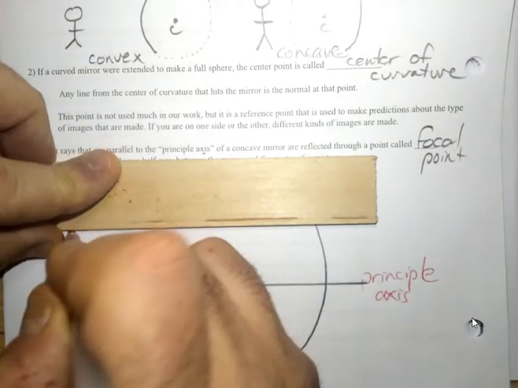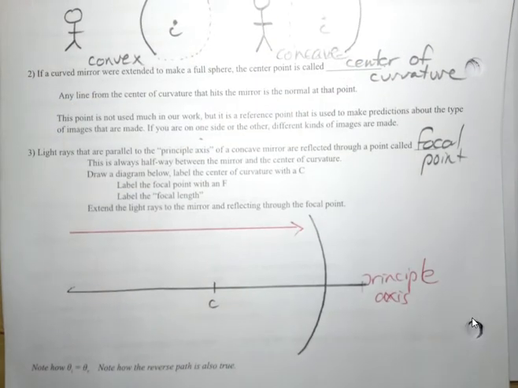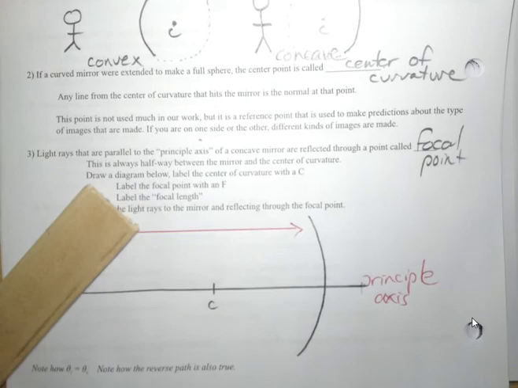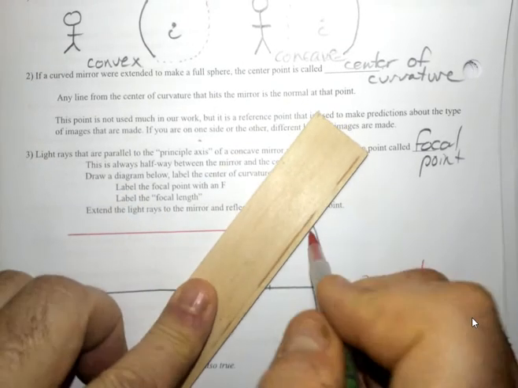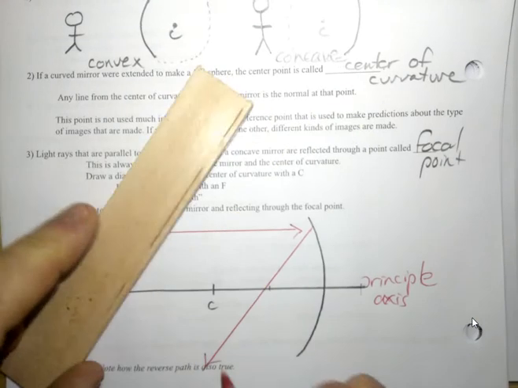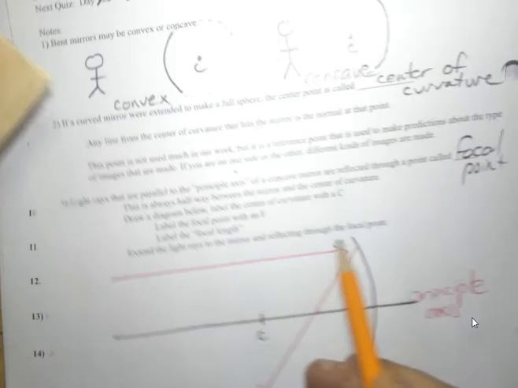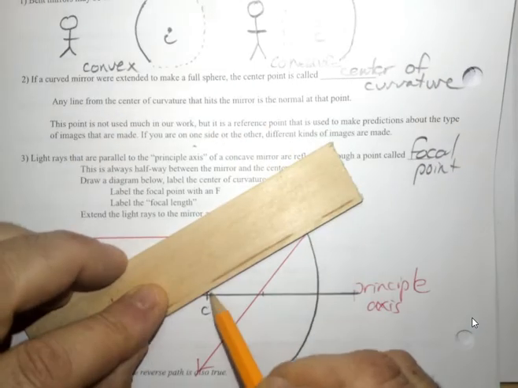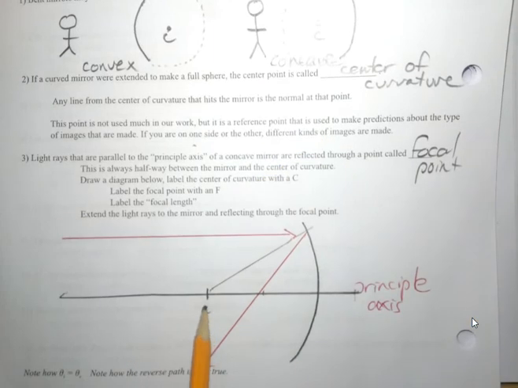Here we have one ray that is parallel to the axis. It's going to hit the mirror. It's going to get focused downwards. It's going to be bent down like that. Now, the way that it's bent, let me draw another line from the C to the mirror. That's the center of curvature, the center of the circle to the circle itself.